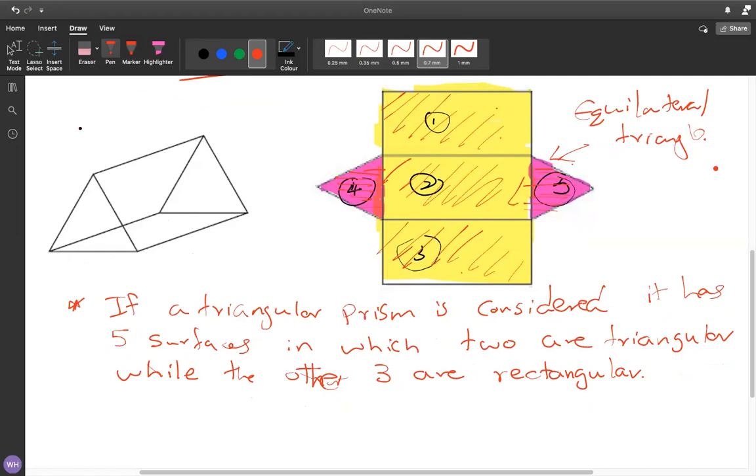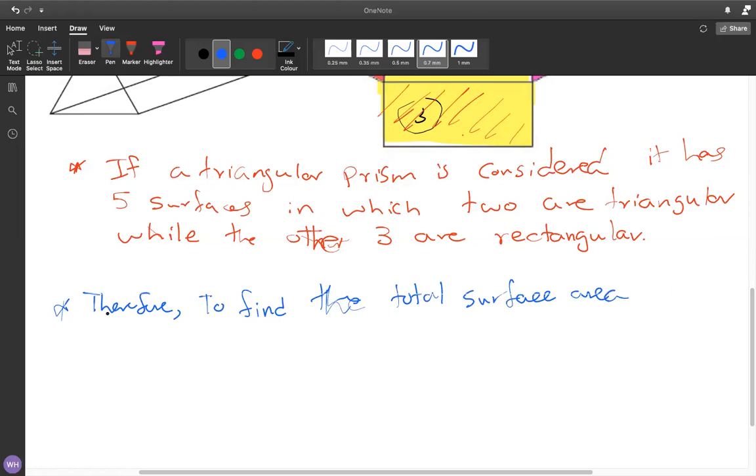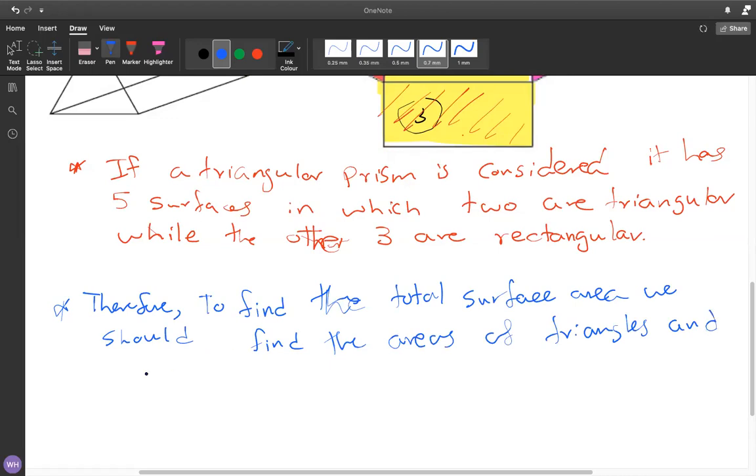ඊට පස්සේ ලියන්න, therefore, to find the total surface area, we should find the areas of triangles and rectangles.